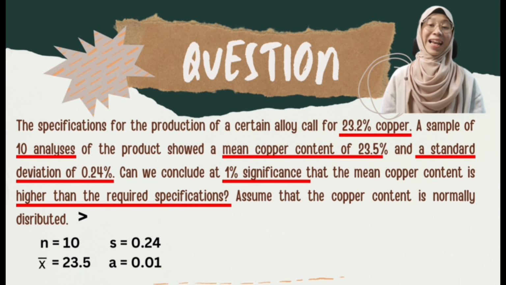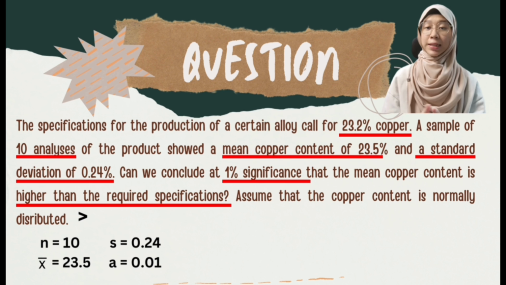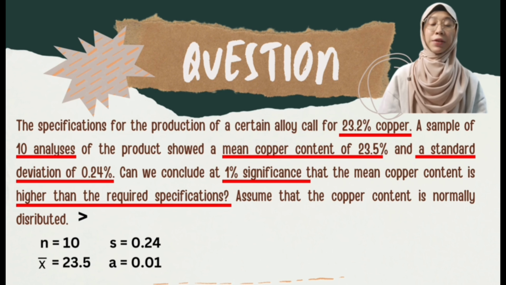First of all, let us take out the information that has been given. 23.2% copper is for our hypothesis and 10 analyses is our n. 23.5% is the mean and 0.24% is the standard deviation. And lastly, 1% significance is our alpha.